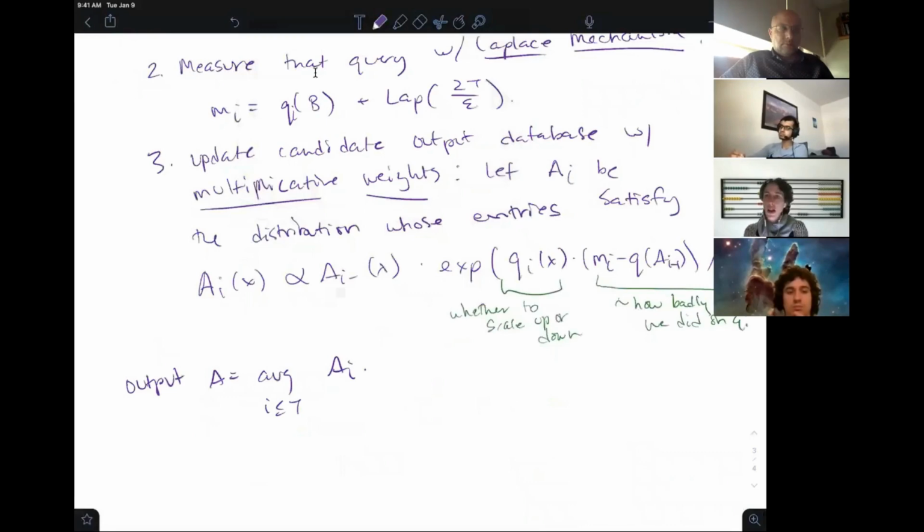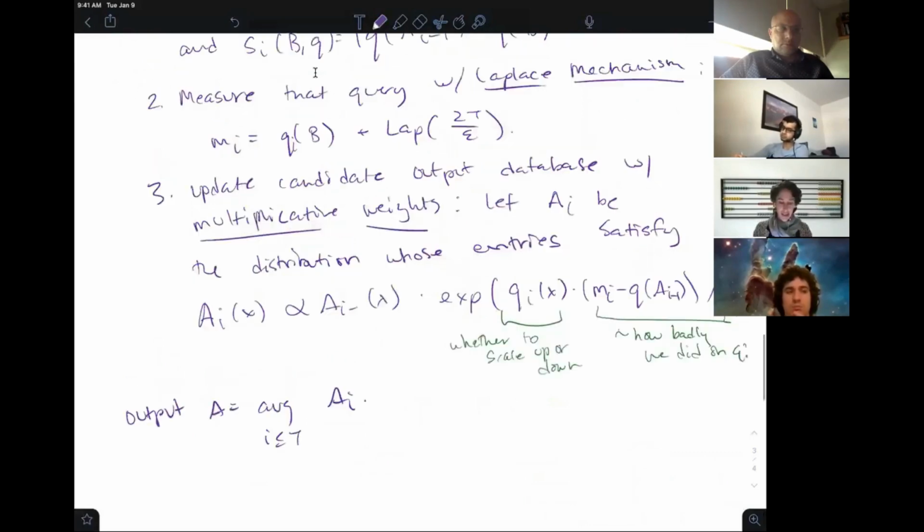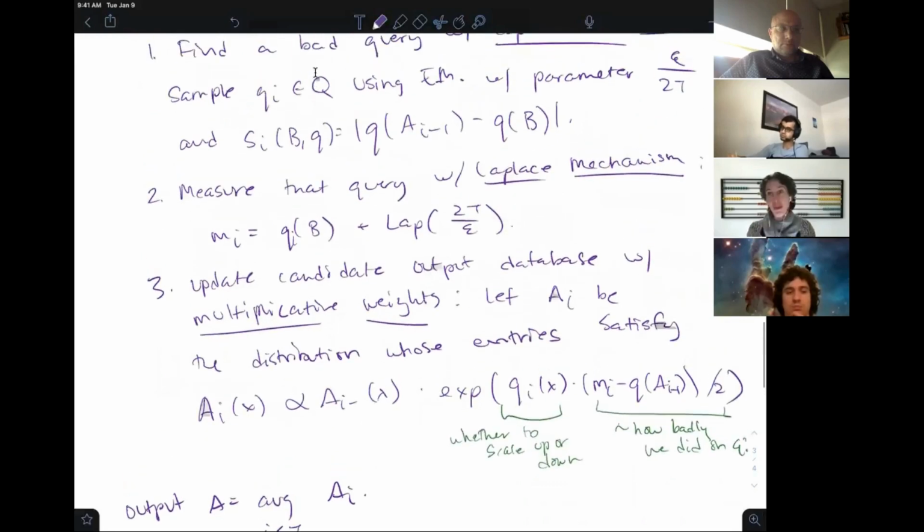Okay. So we don't have the time to actually analyze this in any sense, but we actually have time to do the privacy analysis. What's the privacy analysis of this algorithm?